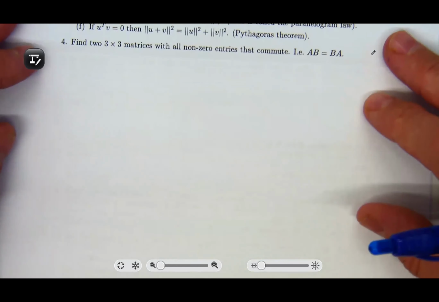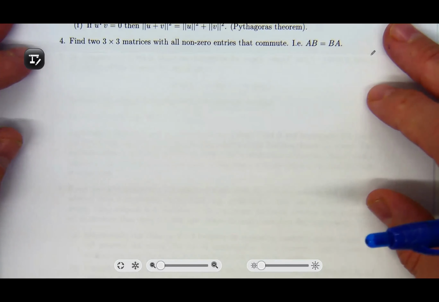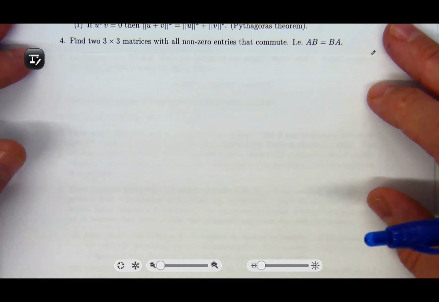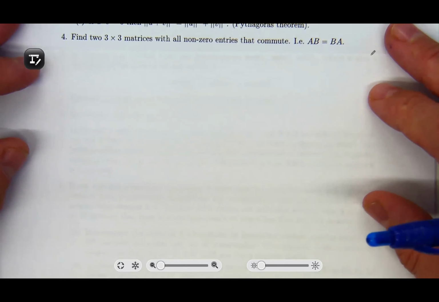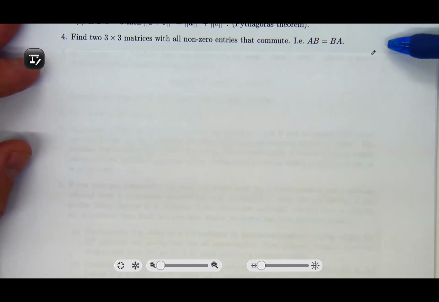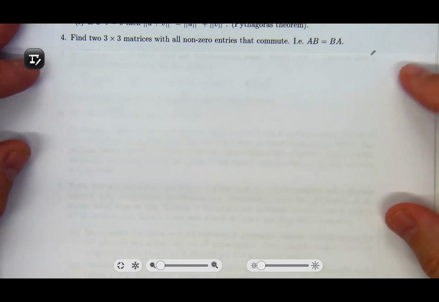Now, what I'll say is that this is an exception to the rule, right? So in general, matrices don't commute. In general, AB is not equal to BA, but sometimes they are. All right, so this one is very easy. So I'm not going to give you any hints on that. It's very easy. Do you agree? Yeah, you just have to get creative.